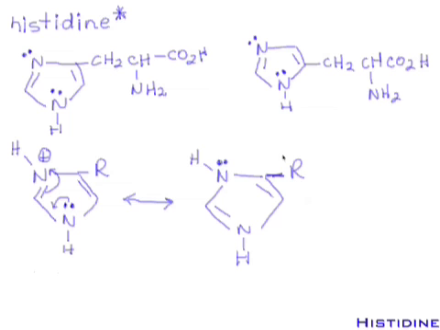Now, I want you to look very carefully at what happens if I rotate around this carbon-R bond. If I swing this nitrogen out towards me and all these atoms into the back, I get this. There's a positive here now.